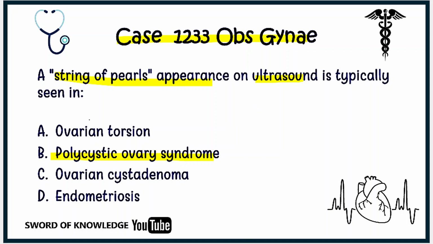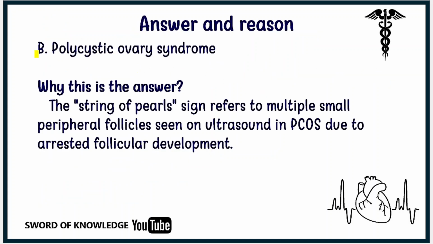So this is all the background knowledge of polycystic ovarian syndrome. So let's discuss why this is our answer. Our answer is B, polycystic ovarian syndrome, because as I told you, this is the basic criteria for diagnosing polycystic ovarian syndrome.